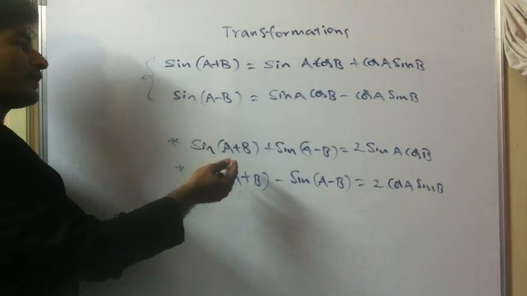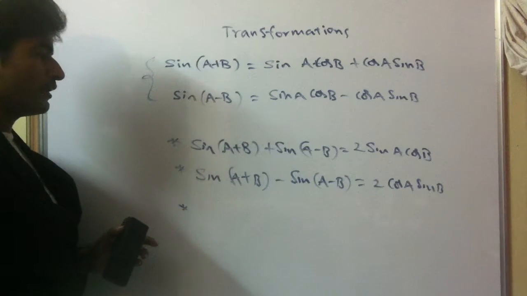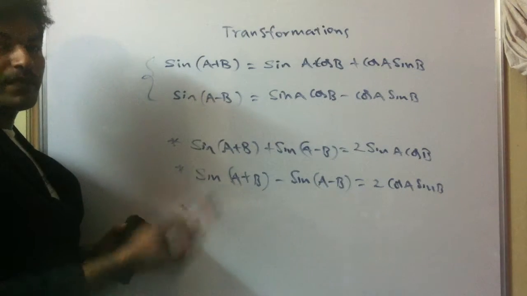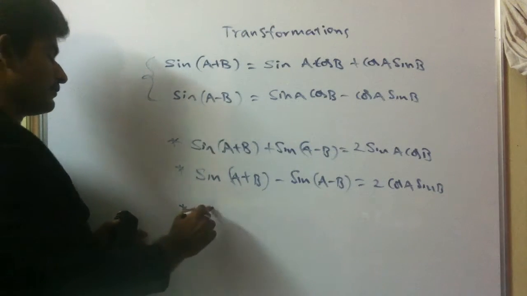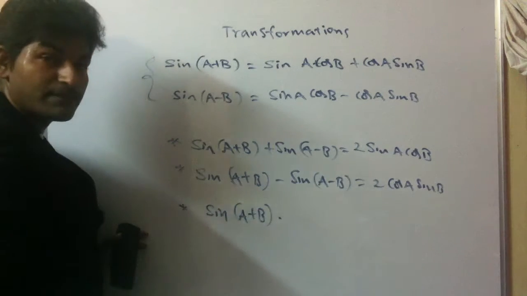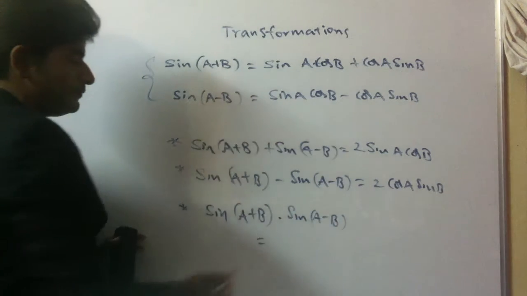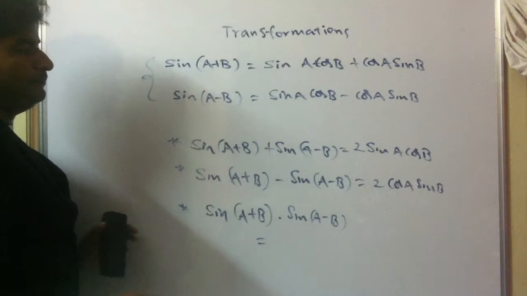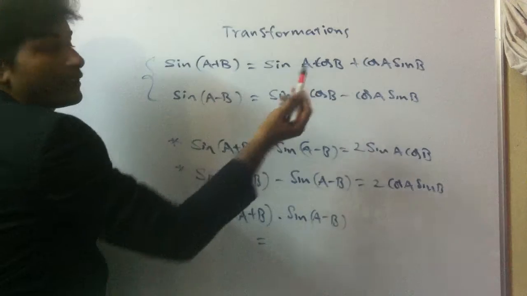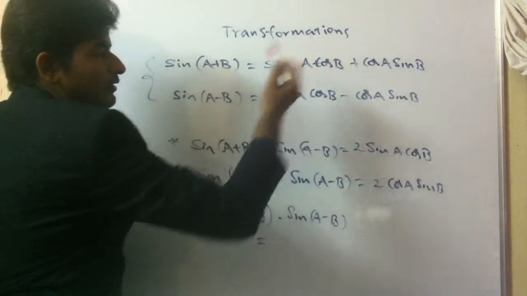I just performed the addition of these two values and the subtraction of these two values. The results are there. What happens if we multiply these two quantities together? Sine of a plus b into sine of a minus b equals. Let us picture this quantity as small a and this as small b.